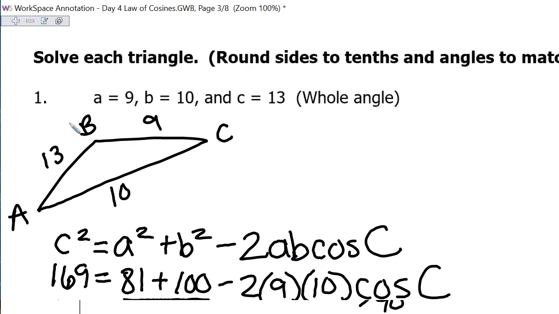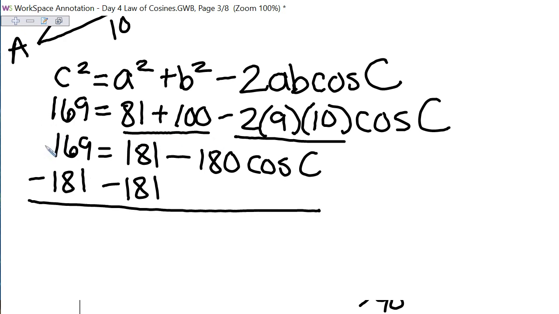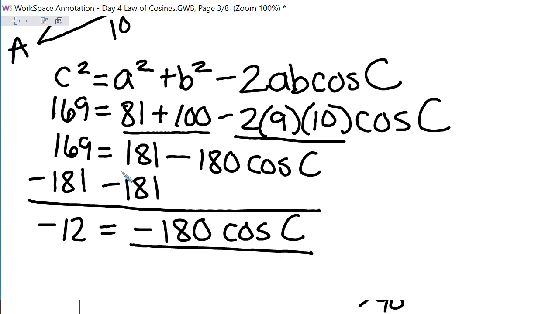Subtract 181 from both sides. What is 169 minus 181? Negative 12. Negative 12 equals negative 180 cosine of angle C. Divide both sides by negative 180.